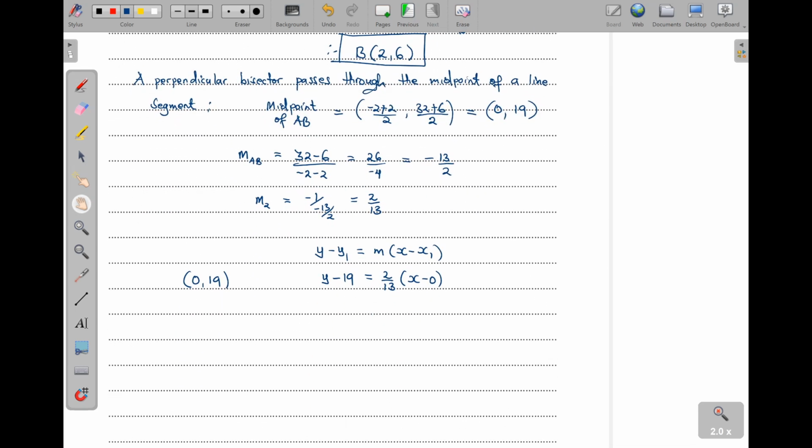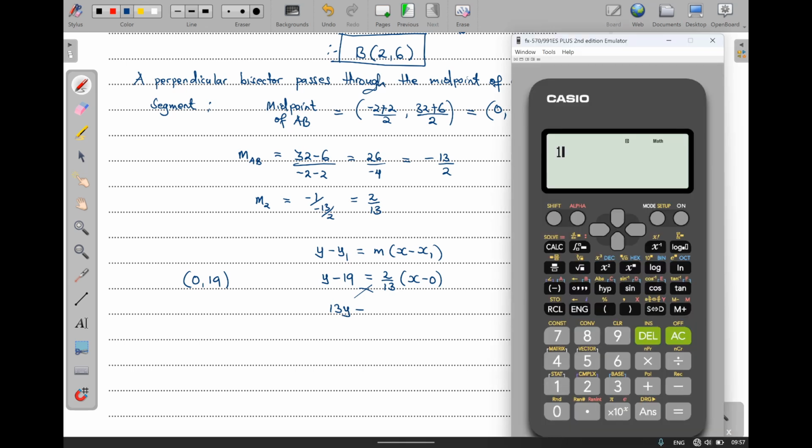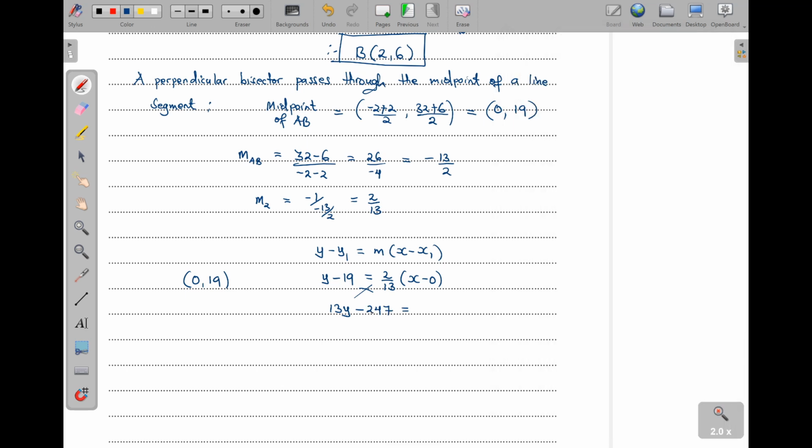Now, I don't need to open these brackets up, I just need to cross multiply based on the format within which I'm supposed to express this. So we shall have 13 times (y minus 19). What do we get? 19 times 13, that is 247. So 13y minus 247 is equal to, of course, 2 times x, that is 2x. Then I can take everything this side, whichever you want. So I can have 2x minus 13y plus 247 is equal to 0.